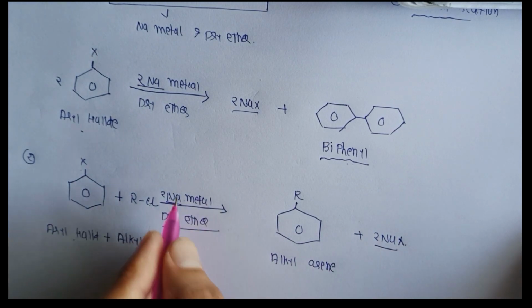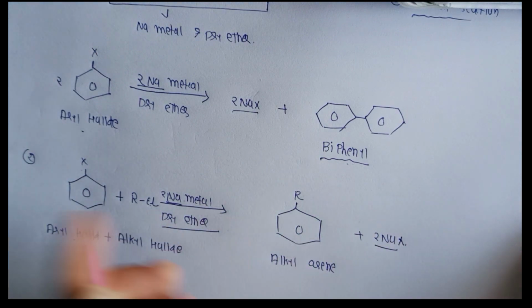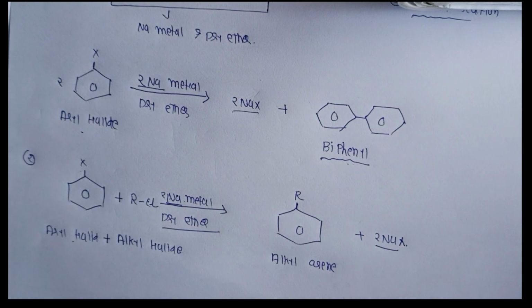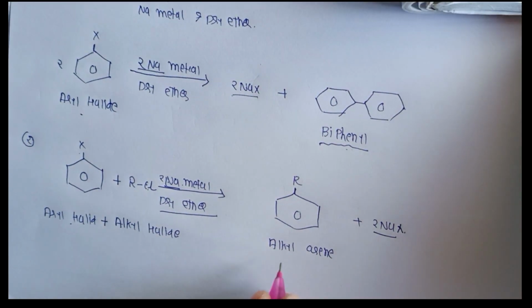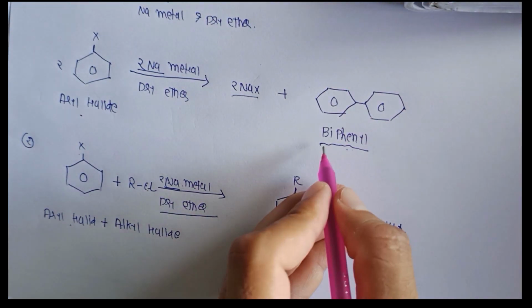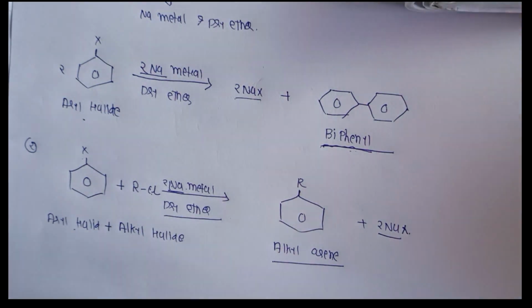Therefore 2Na and 2 halogens form the byproduct, and the alkyl group enters. So in the Wurtz-Fittig reaction an alkyl arene is produced, and in the Fittig reaction a biphenyl ring is produced.